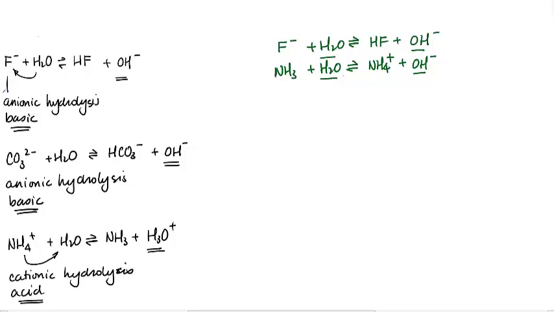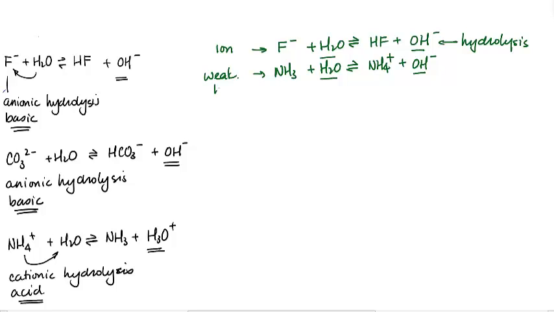So the question you might be asking is, well, what is the difference? The difference is in what is creating that hydroxide ion. In this first case, you see that we have an F-. This is an ion. This then is a hydrolysis reaction. Note over here that we have an NH3. NH3 is not an ion, it is a weak base.